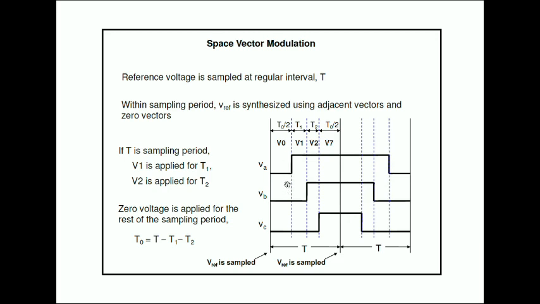So for V0, VA, VB, VC is 0, 0, 0. That means our switching sequence SA, SB, SC is 0, 0, 0. That is why it is a zero vector.